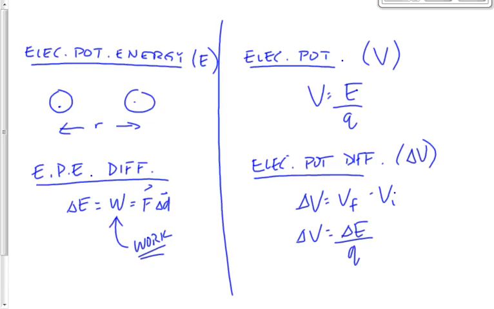What's the potential difference? If we all had 4 to start off, and we all had 1 to finish off, the potential difference would have been 3, right? What was the potential energy difference? We went from 60 to 15. The potential energy difference was 45.